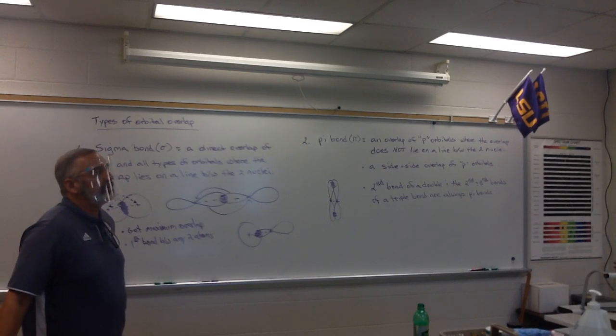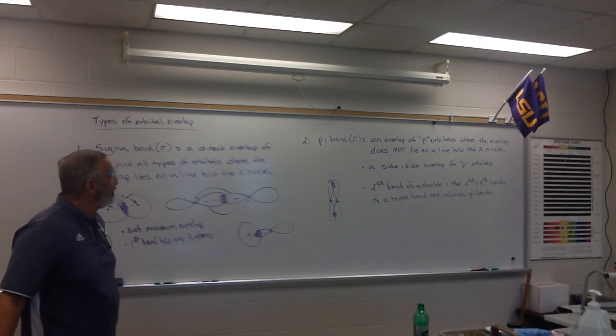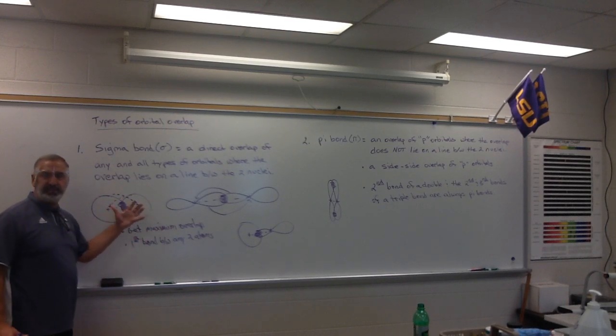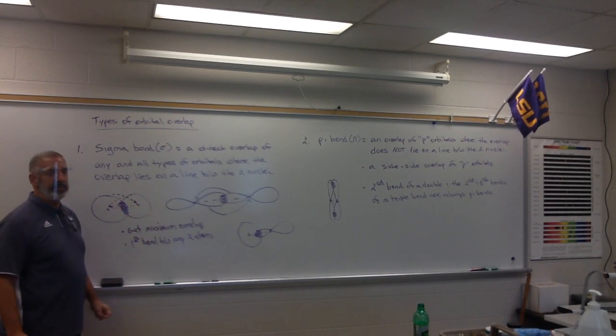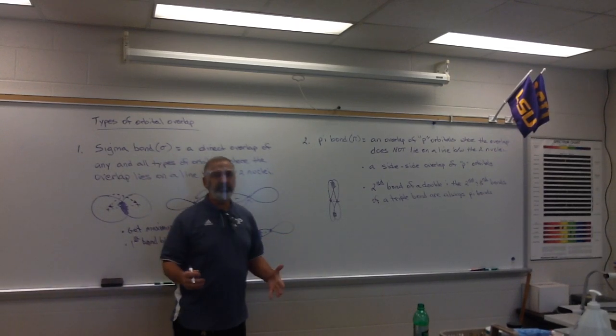So there's two different ways. When we're looking at what's forming and how things form, we have to first understand how the orbitals overlap. There's just two different ways, sigma bonds and pi bonds. Now this is very simple to figure out, okay?